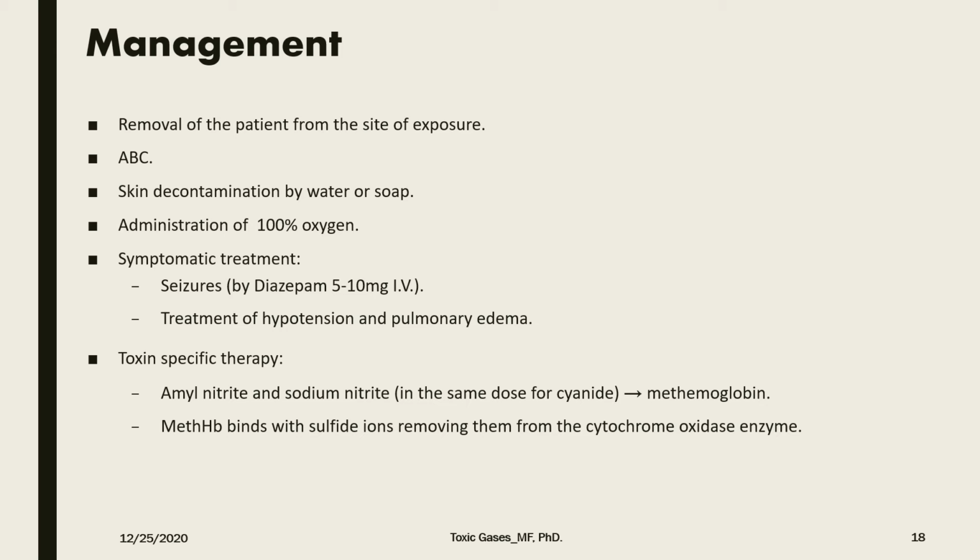Management of cases of poisoning with hydrogen sulfide will include removal of the patient from the site of exposure, stabilization of the patient's general condition, decontamination of the skin with water and soap, also administration of 100% oxygen, and then symptomatic treatment for seizure, circulatory collapse, and pulmonary edema.